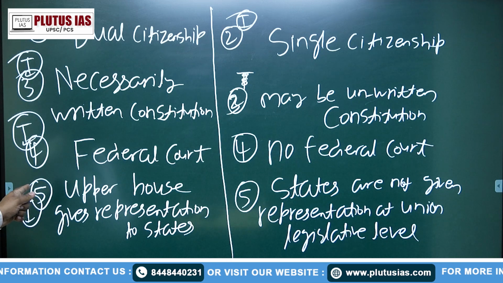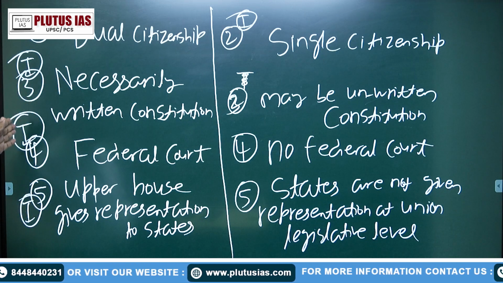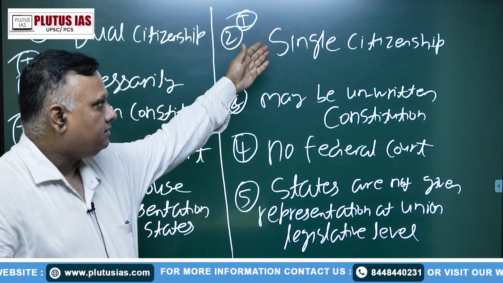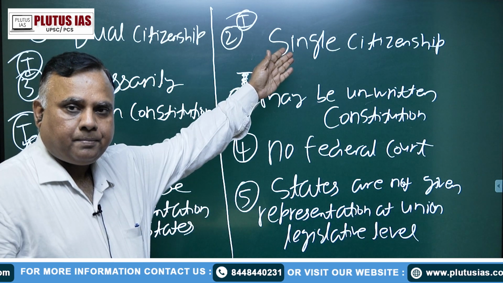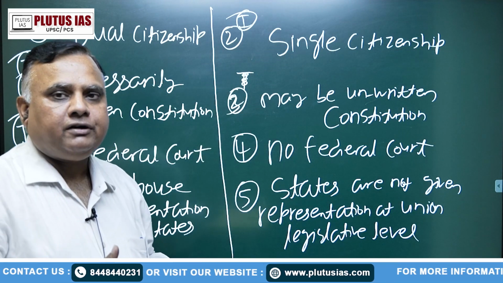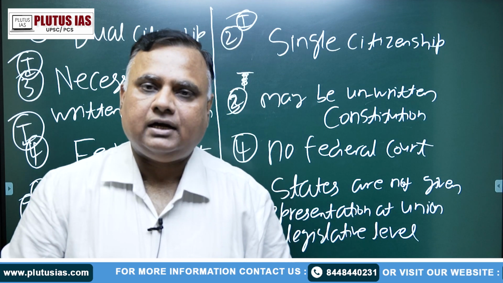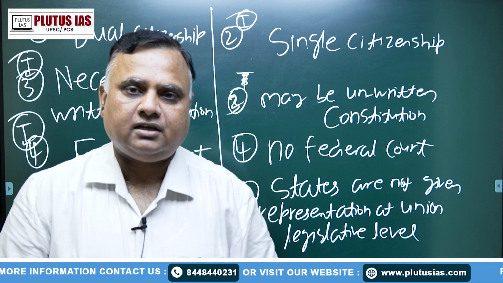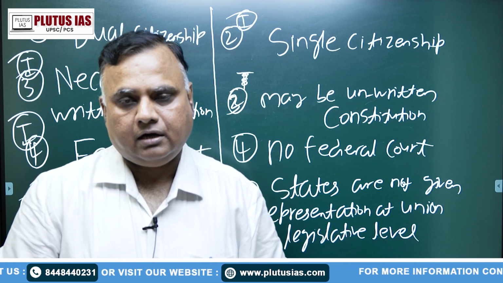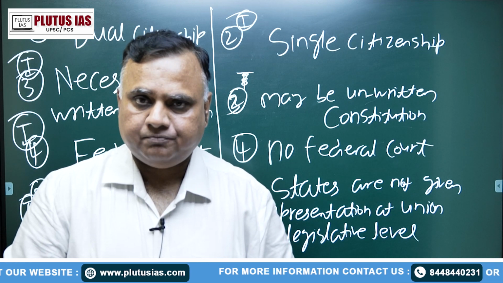Where I am writing, they are federal features. But India is having single citizenship, that is unitary feature. So we have so many federal features to ensure that rights and interests of the states are being protected. They are not encroached unilaterally by center.